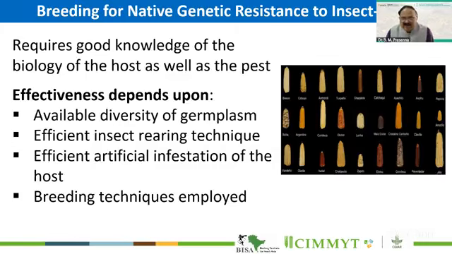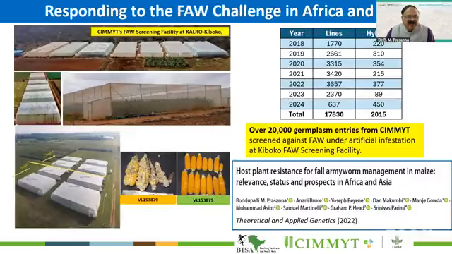Do you have an efficient artificial infestation protocol of the host so that you can generate robust responses, and what kind of breeding technologies or methods that the institution is following to transfer the resistance once it is identified in any breeding material into elite genetic materials.